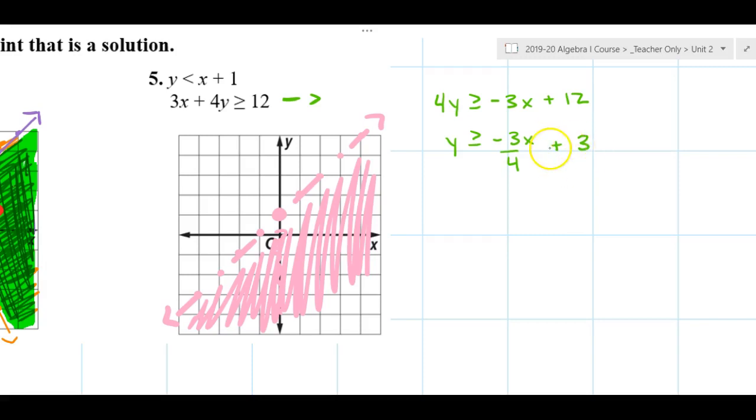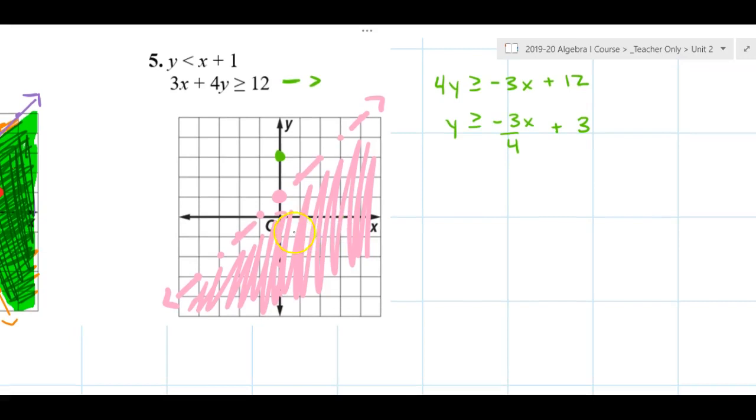So I'm going to start at 3 on the y-axis. I'm going to go down 3, right 4. All right, and then I would go up 3, left 4.